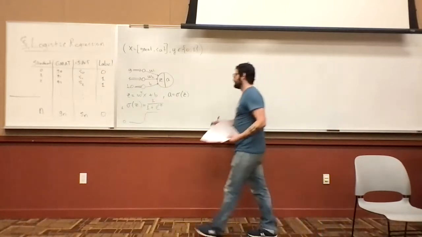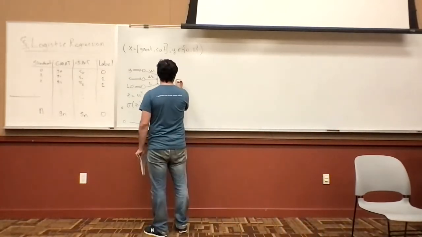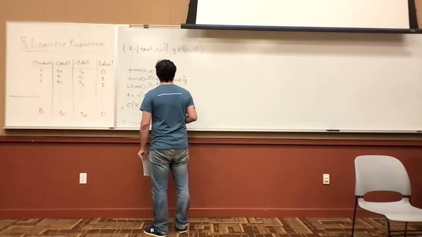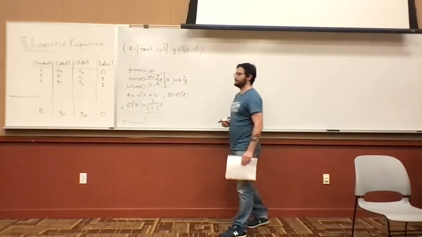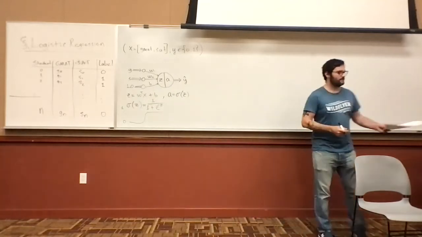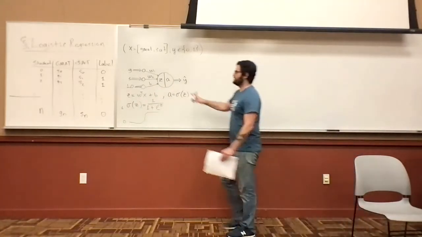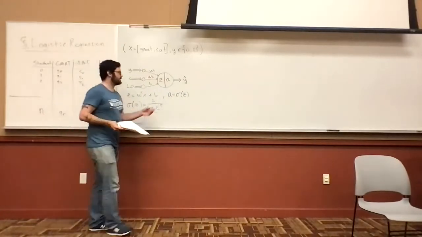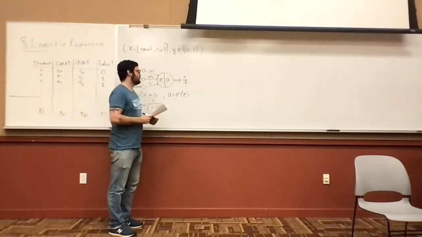All right, so now we're going to output y hat. Now, we won't need the A too much today. I'm just introducing it so that you have this in your notes.